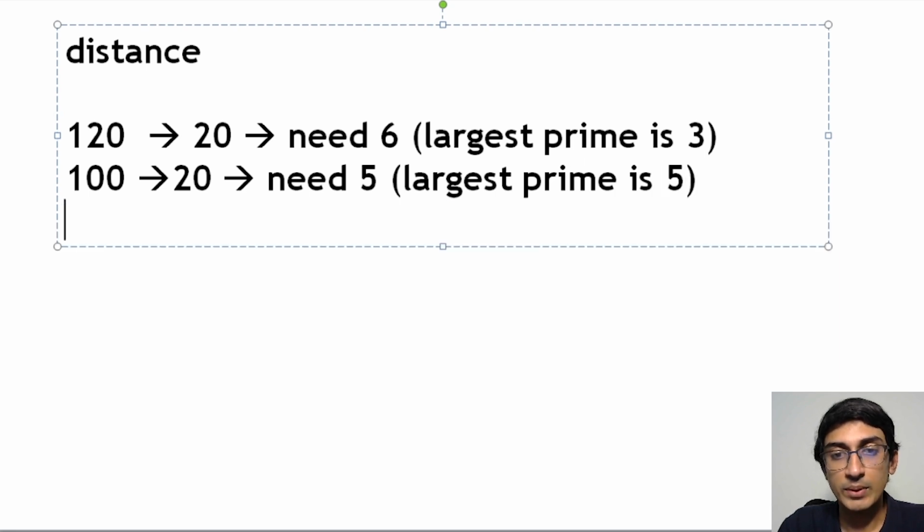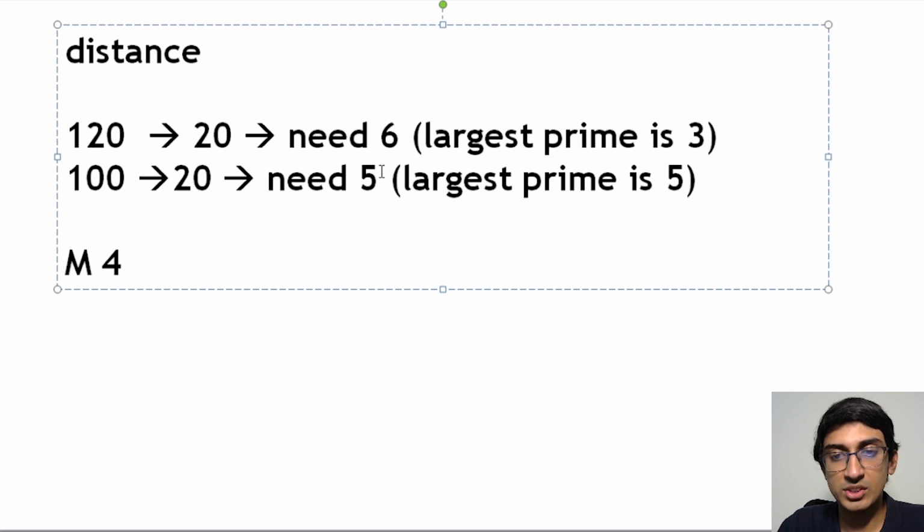If m is 4, then this is not possible. m has to be 5? Not even 5, m has to be 6, because it has to be smaller than m. It can't even be equal to m. So m has to be 6 and above. Here the largest prime is 3, so we are fine, but here the largest prime is 5, so that's the issue over here.